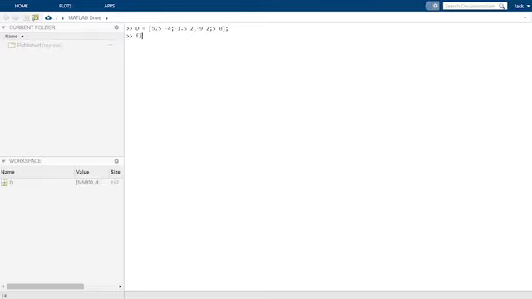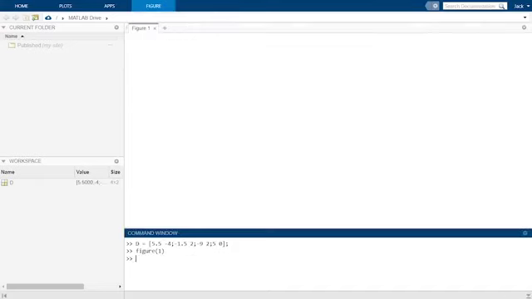And let's plot it in figure 1. We plot the first feature on the x-axis and the second feature on the y-axis.